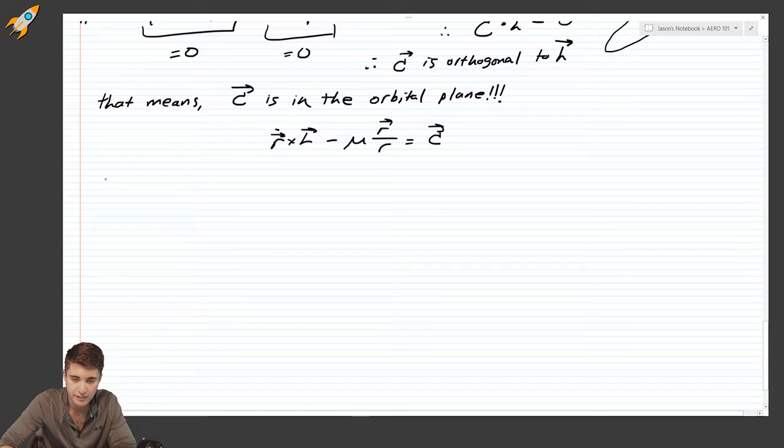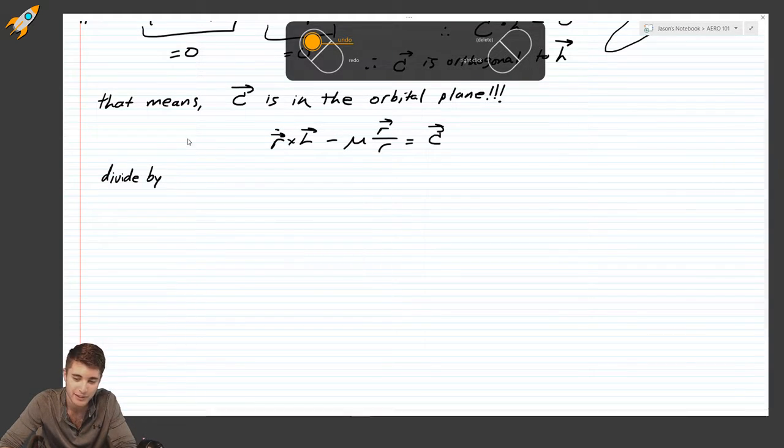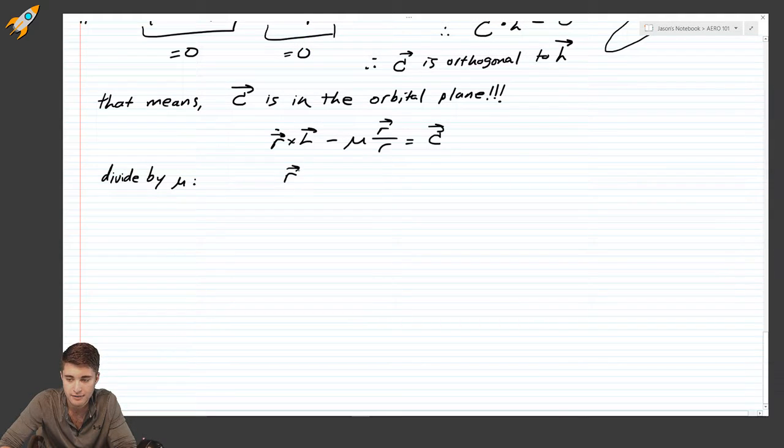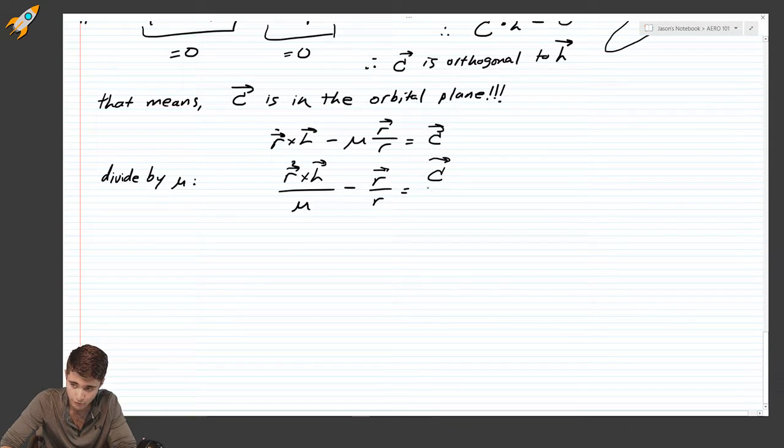We're going to divide everything by mu. Divide by mu. Okay, so then we're going to get this: velocity crossed with angular momentum over mu, minus position vector over r, is equal to your Laplacian vector over mu.